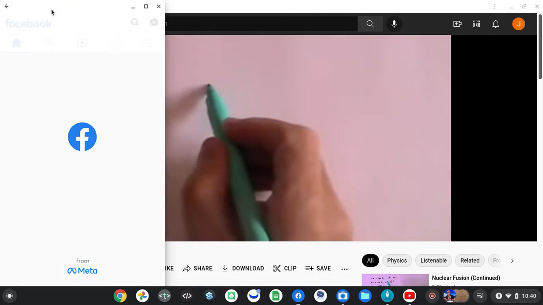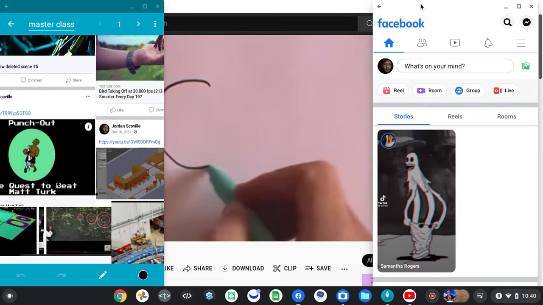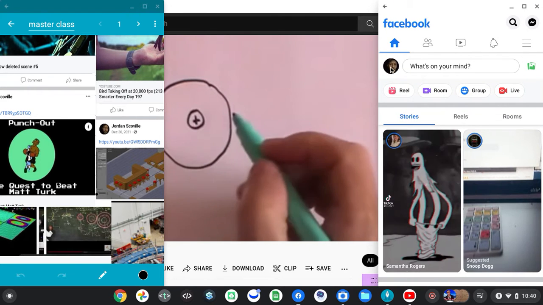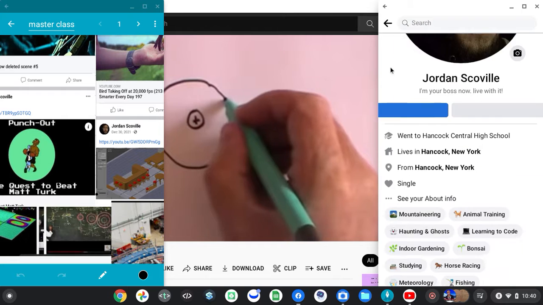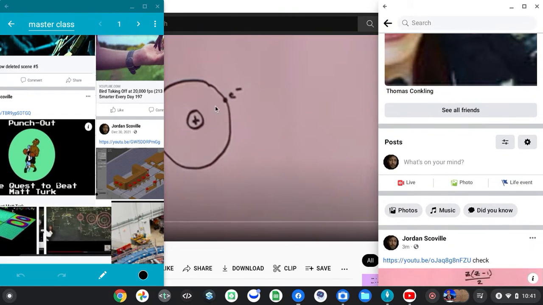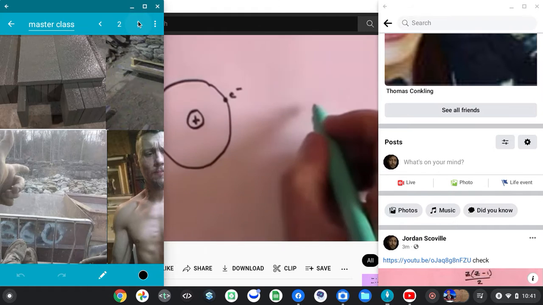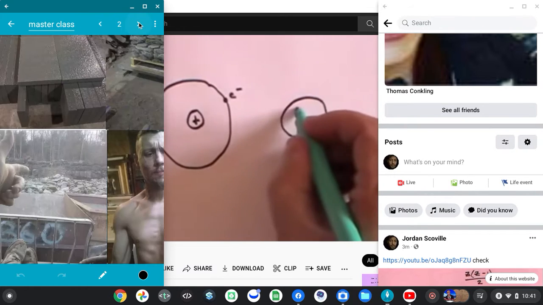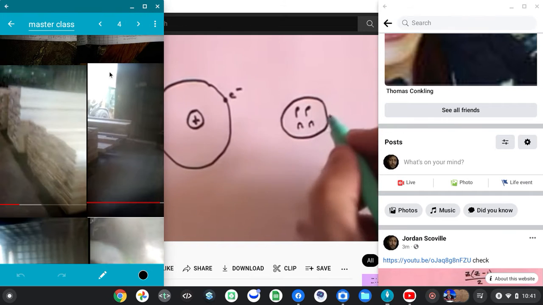We know that an atom consists of a central nucleus, which is positively charged, with, and I'm talking classically here, orbiting electrons. We know that the nucleus itself consists of protons and neutrons.